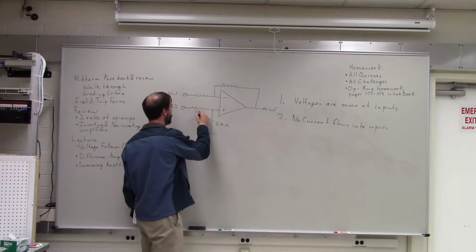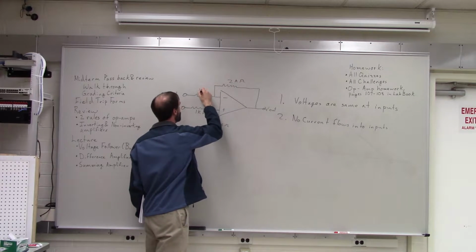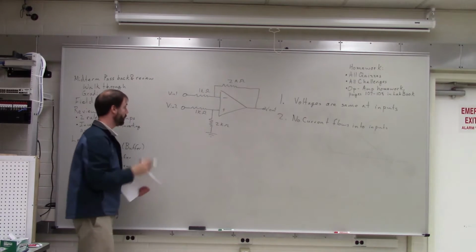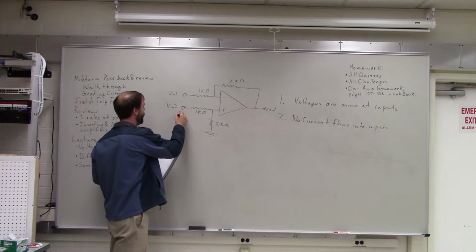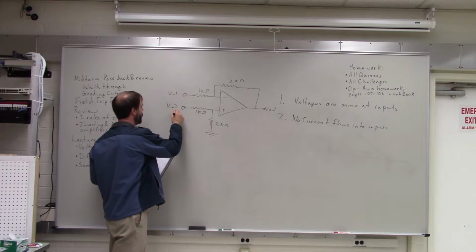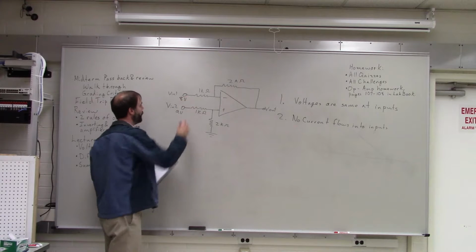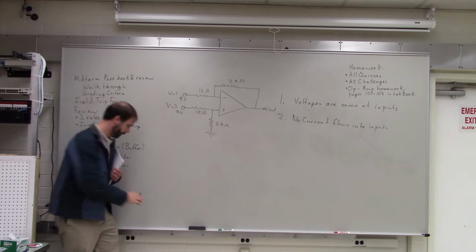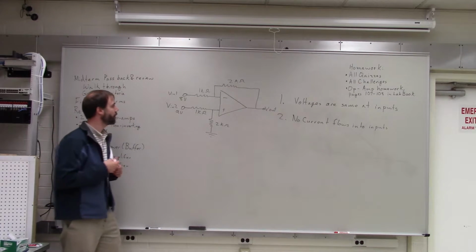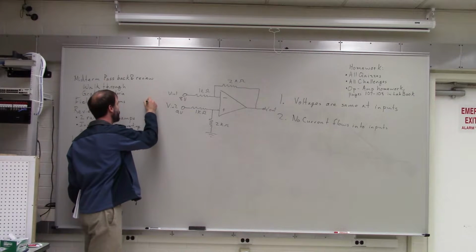Okay, so let's do an example with this type of circuit. Let's say that we had 9 volts here, and we had 8 volts there. Okay? Let's look at what this circuit would do. So we have a difference of 1 volt.